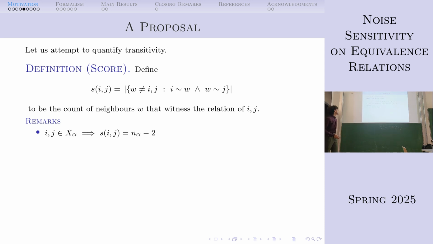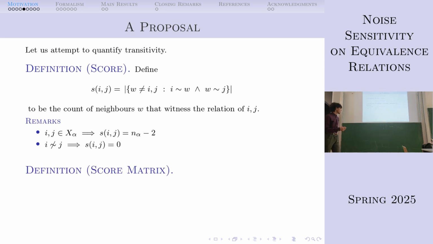And we can see, for example, and we will see that in the next slide, that when we have two vertices which are in the same class, then you have all the other elements in the equivalence relation that are equivalent to it.